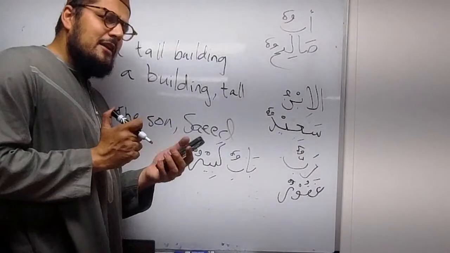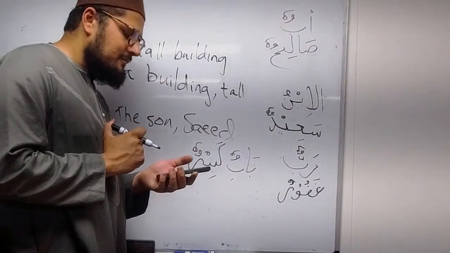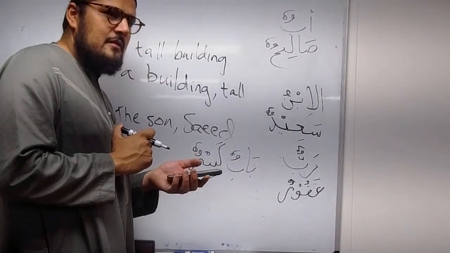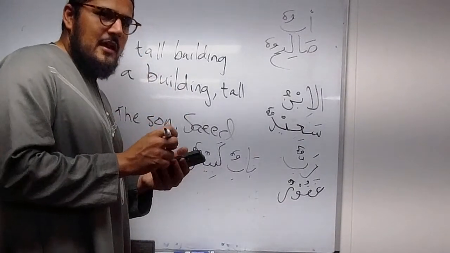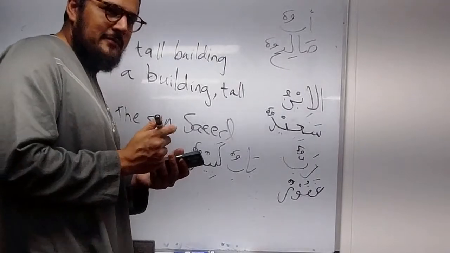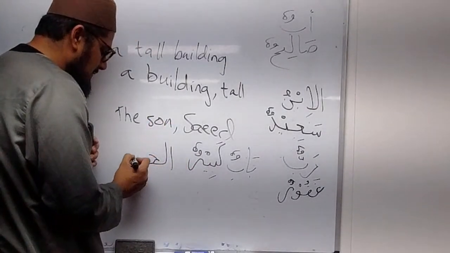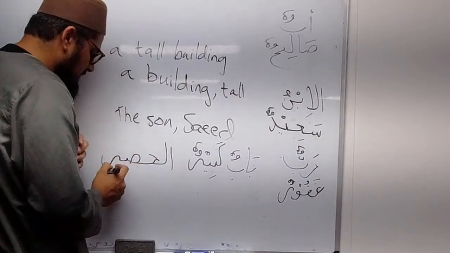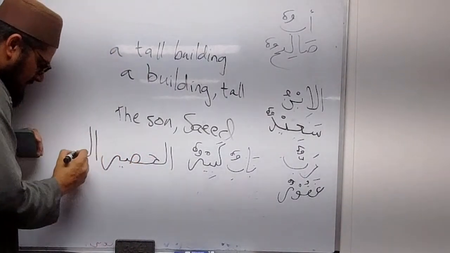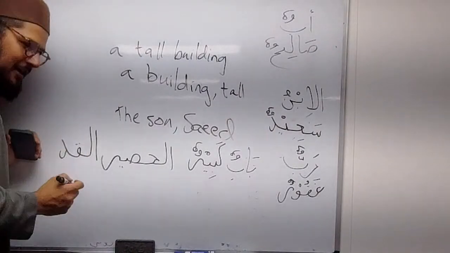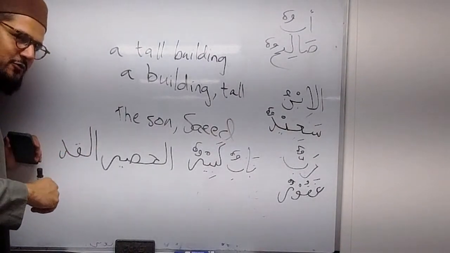And number 5, Madik, what do you got? The old man. Oh, he's on a different door. That's fine. That's why I asked him. How do we say it? The old man. I got Al-Hasirul Fari. I think you think that's a fa. You just forgot to write 2 dots.